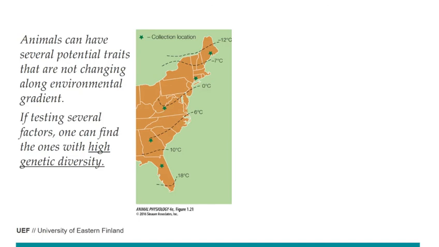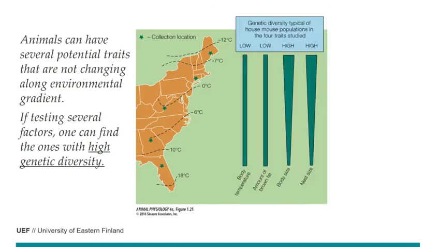For example, over here we have a study in the US made with the house mouse to see the genetic diversity in different factors. So what is the body temperature? What about the amount of brown fat? What is the body size or nest size?